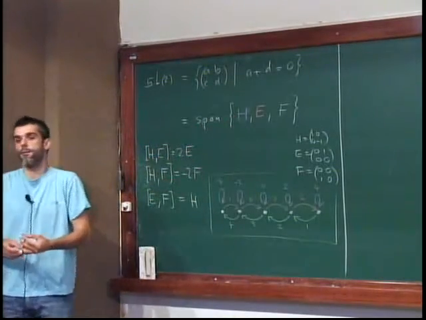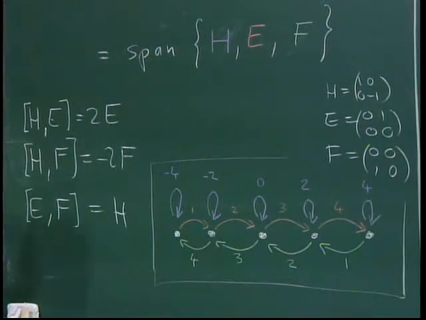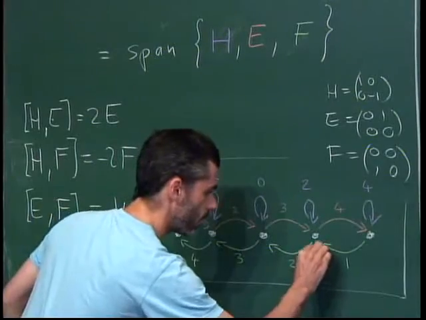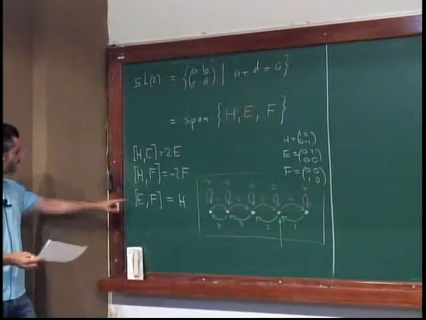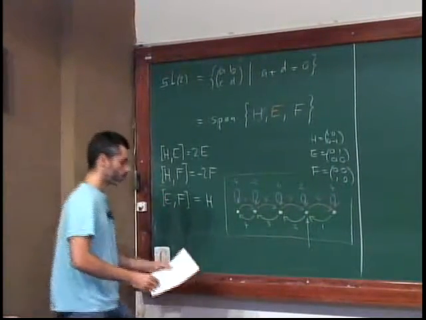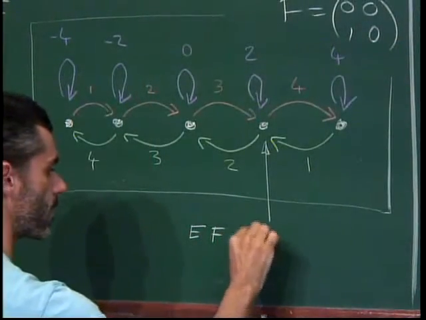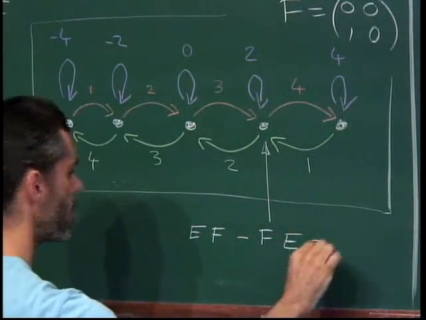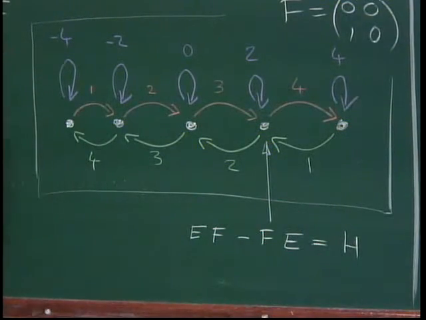So let's do just one of the verifications, just for fun. We pick this vector here, and we're going to check that last relation. That last relation says EF minus FE equals H. Well, what is EF?